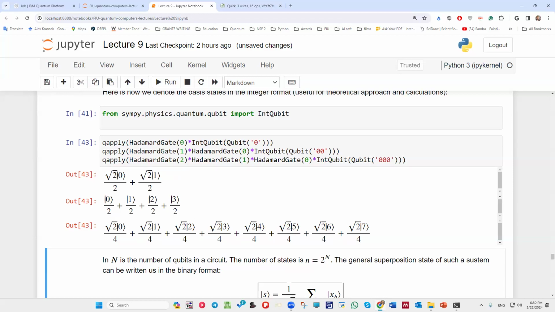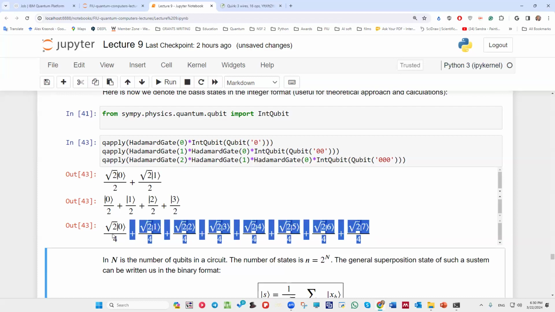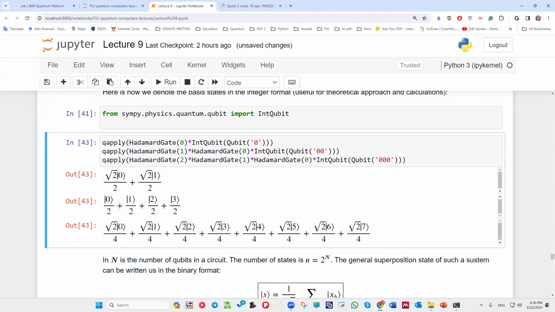So now we have not just 0 and 1 states, but also 0, 1, 2, 3, 4, 5, 6, 7, and so on. So 8 terms in this line, starting from 0, because we always count qubits from qubit 0 to qubit n minus 1.